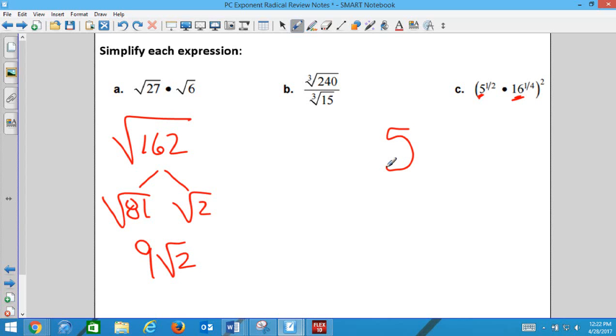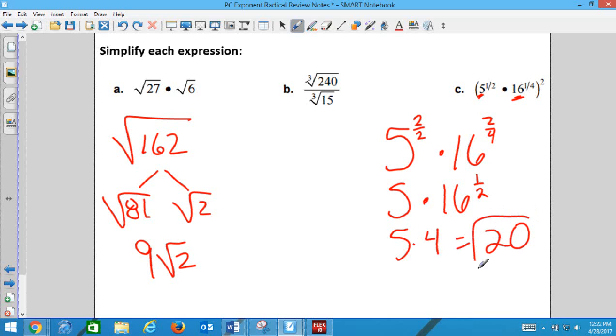I multiply them. So I'm going to have 5 to the 2 over 2 multiplied by 16 to the 2 over 4. So that's going to give me 5 to the first times 16 to the half, which is the square root. So 5 times 4 is 20.